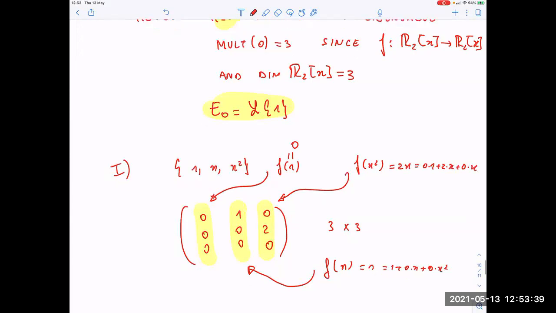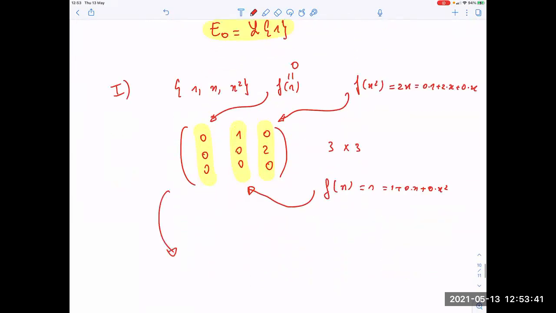And you see that the characteristic polynomial is p of x equal minus x cubed. And this is how probably Sofia Carnot produced the answer about eigenvalues and multiplicity.